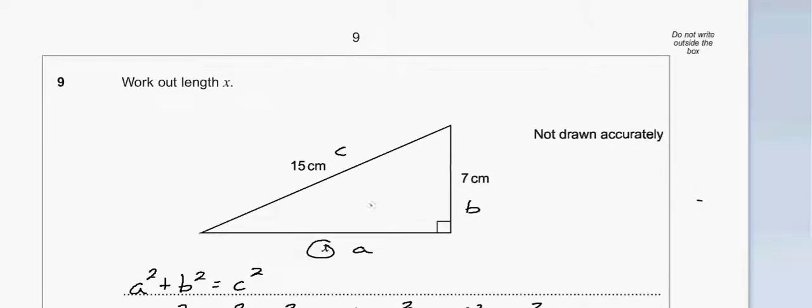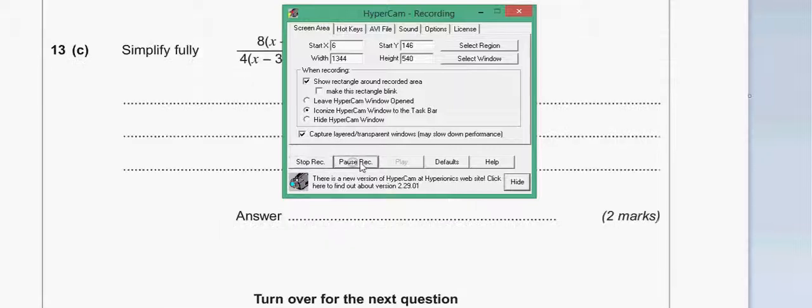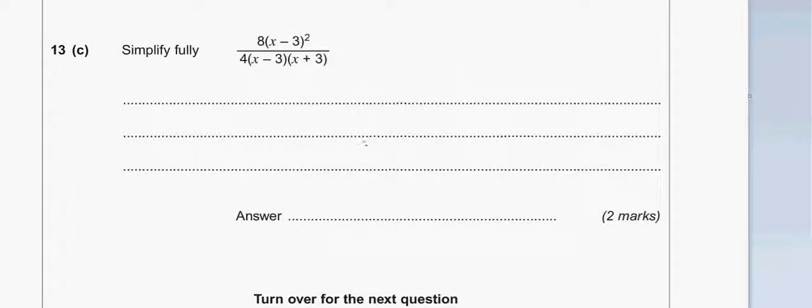So I'll pause and I'll go on to the next question. Okay, so 13c, simplify fully. If we simplify a fraction, it just means that we've got to be able to cancel. Now we have 8 times x minus 3 all squared over 4 times x minus 3 times x plus 3.